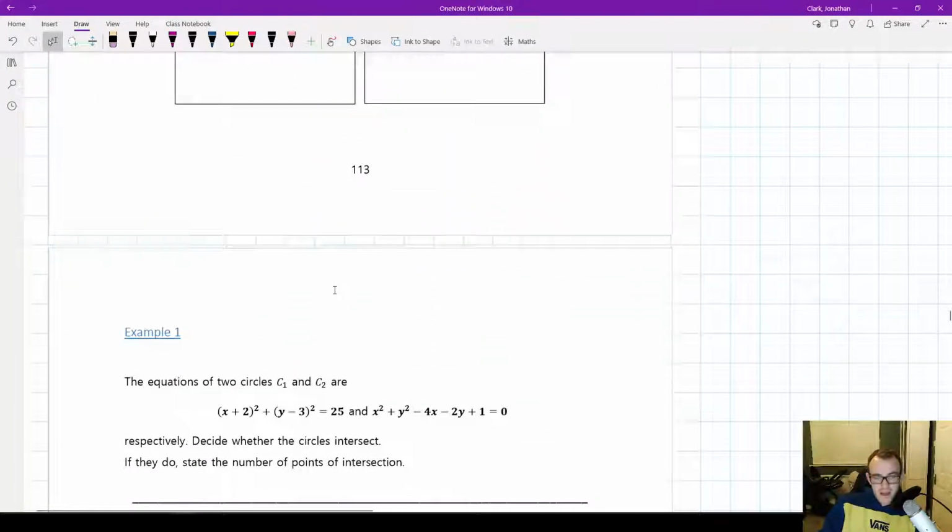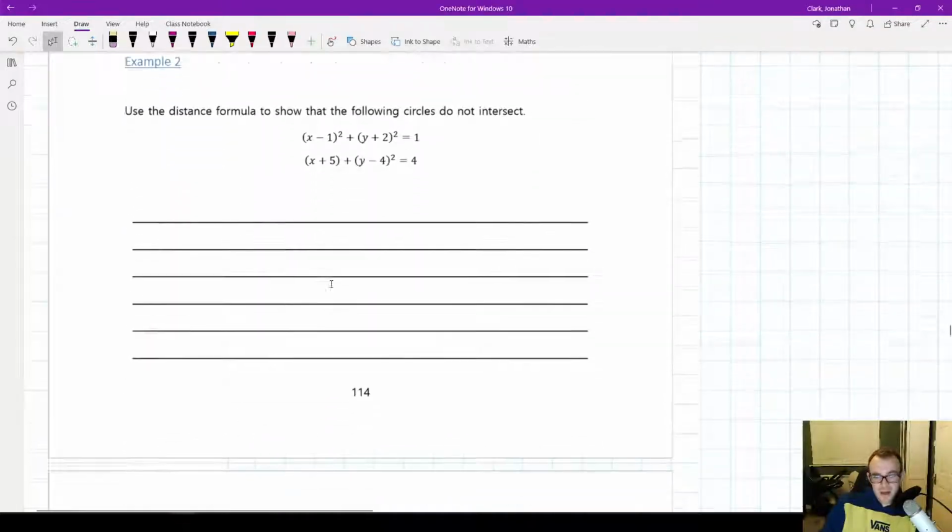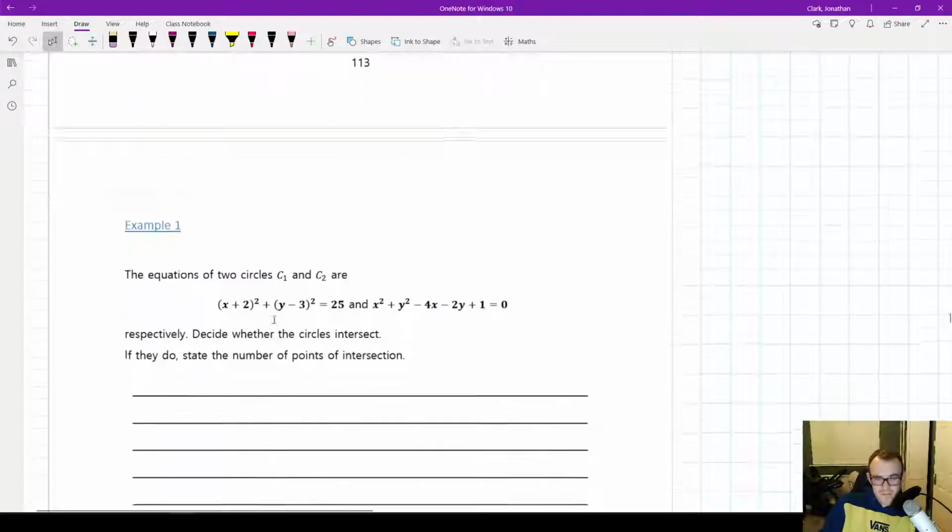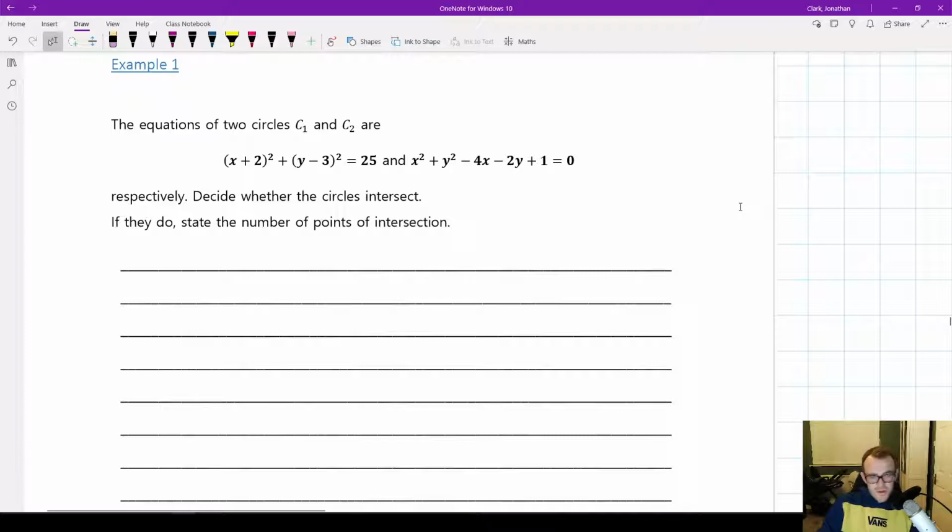Now, let's have a look at some examples in the notes on page 114. We've got two circles, and we just need to decide whether they intersect. And if they do, we need to say how many times they cross. The main thing to break down here is what the centers and what the radiuses are.